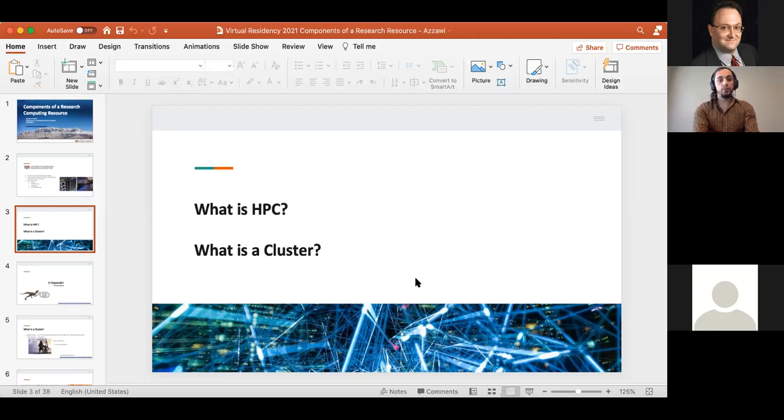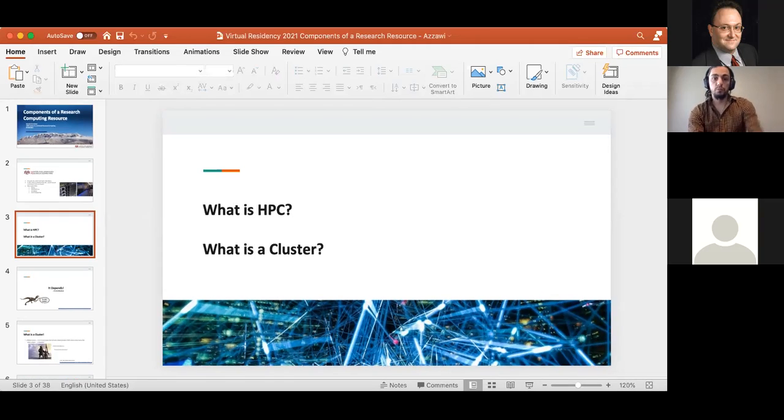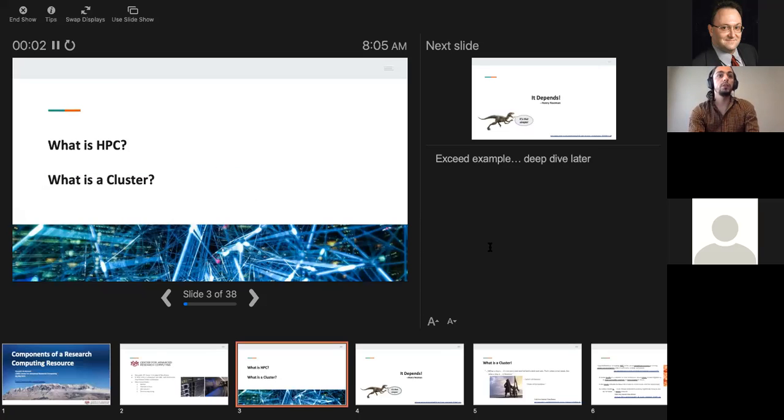Can you see the screen or no? Yes. Hussein, there's a button at the bottom of the presentation, or you can just do slideshow. Yes, this one. I had an issue previously with slideshow, that's why.